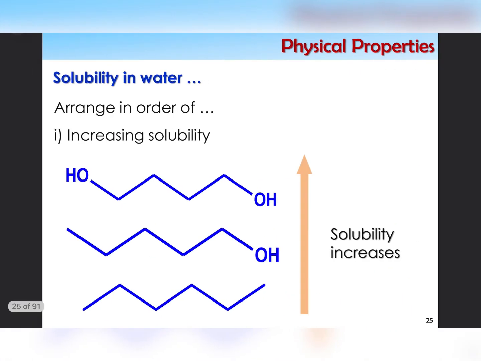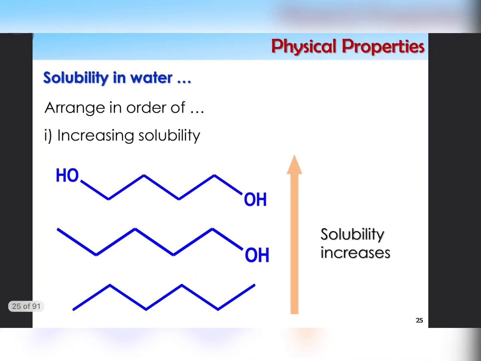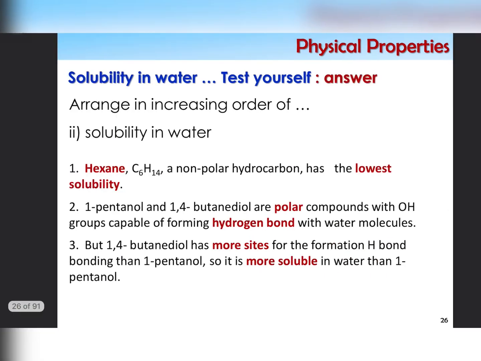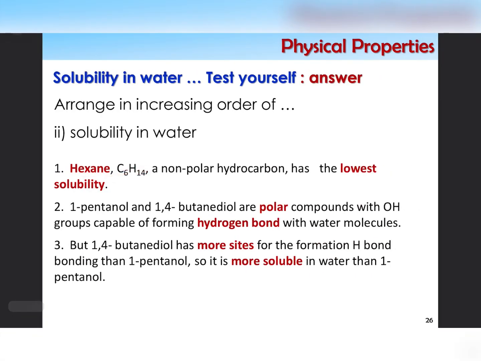Right, so the next one is increasing solubility. So, for solubility, kita tengok sama juga, structure yang sama. The explanation will be hexane is a non-polar hydrocarbon, so it has the lowest solubility. Okay, kalau 1-pentanol dengan 1,4-butanediol pula, dia orang adalah polar molecule, polar compound.